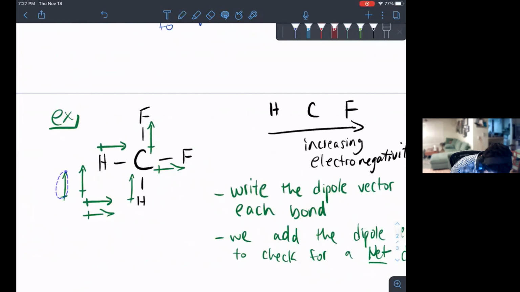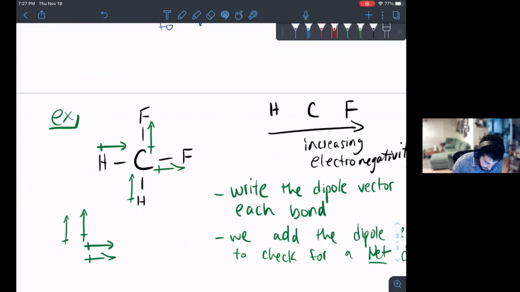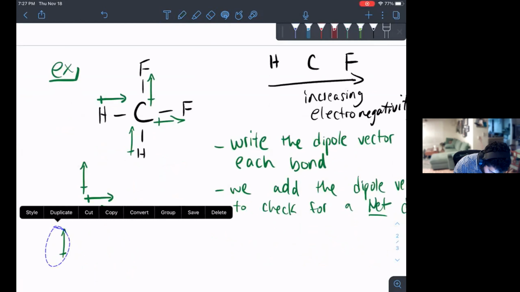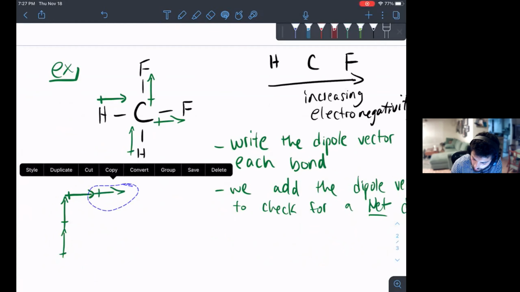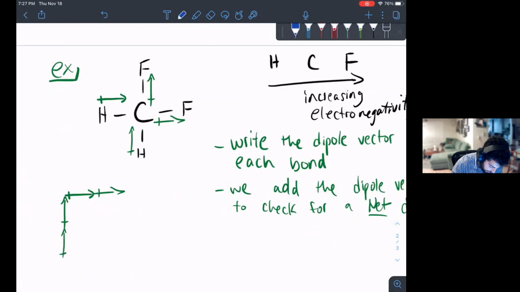So when you add dipoles, or when you add any vector or any arrows, you just add tail to tip, tail to tip. So I'll take this one and put it here. I'll add this one tail to tip. Add this one tail to tip. Add this one tail to tip. So what we see is our net dipole from the tail to the tip looks like that.